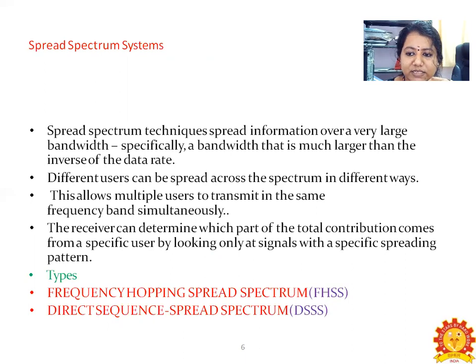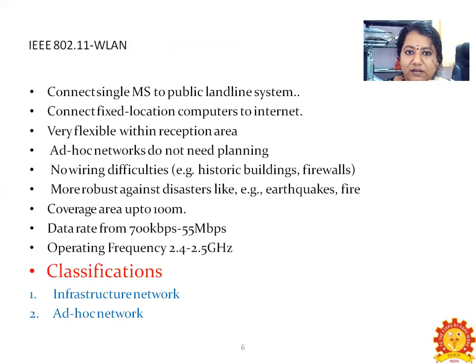The receiver can determine which part of the total contribution comes from a specific user by looking only at the signals with the specific spreading patterns. The types of spread spectrum systems are FHSS, frequency hopping spread spectrum, and DSSS, direct sequence spread spectrum. We are going to see each one in detail.